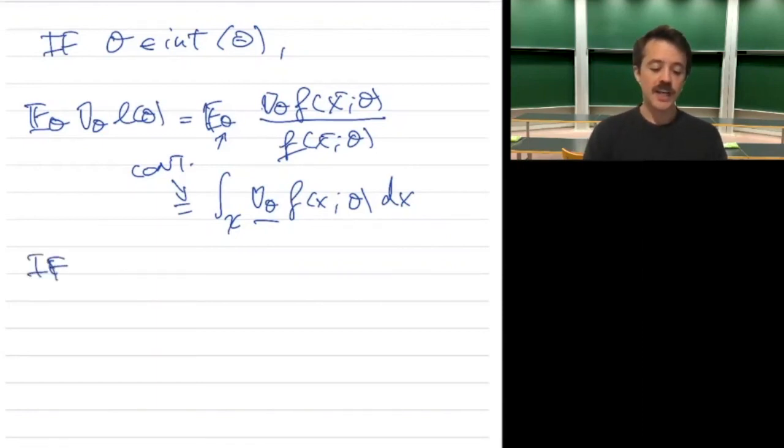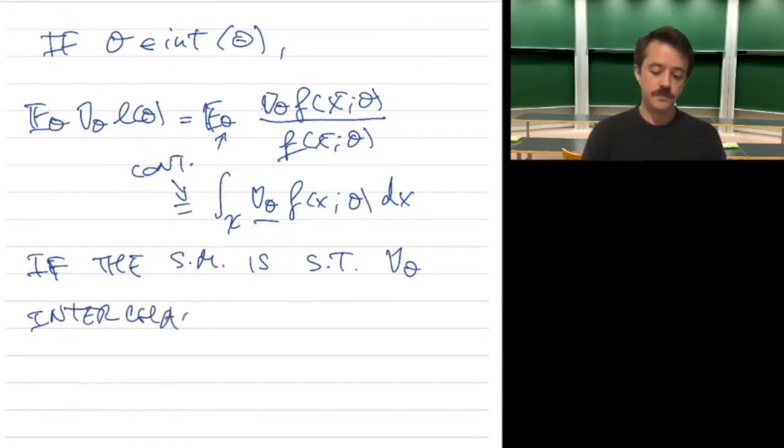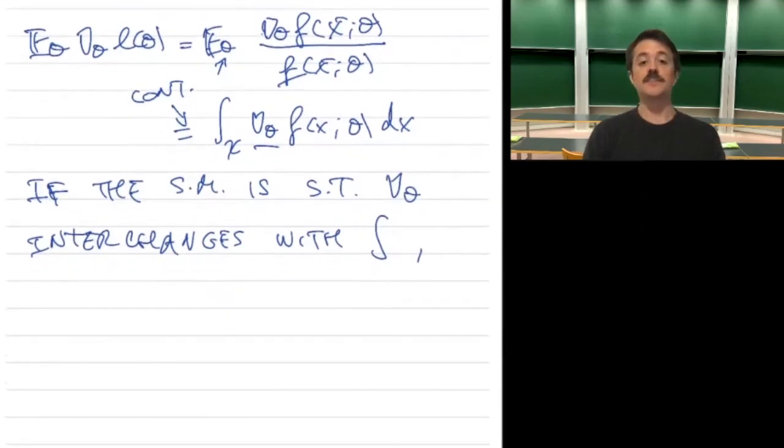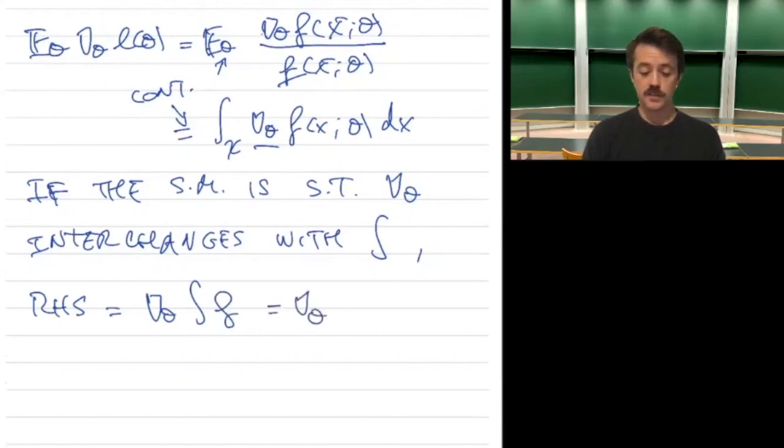So for those cases in which we can, if the statistical model is such that this gradient interchanges with the integral, then the right-hand side is going to be equal to the gradient of this integral, which is of course 1, and so again we get a 0. The 0 vector in this case.